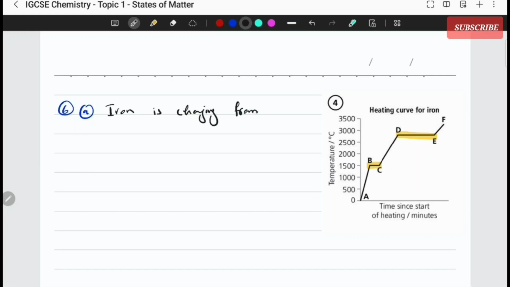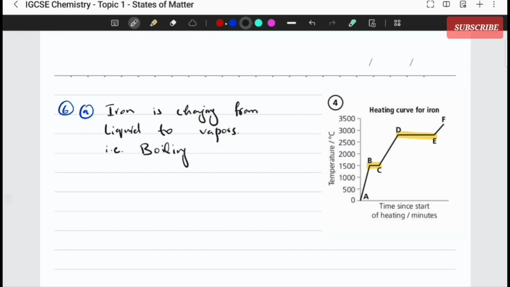It's basically boiling. So you can keep that in mind, D and E.